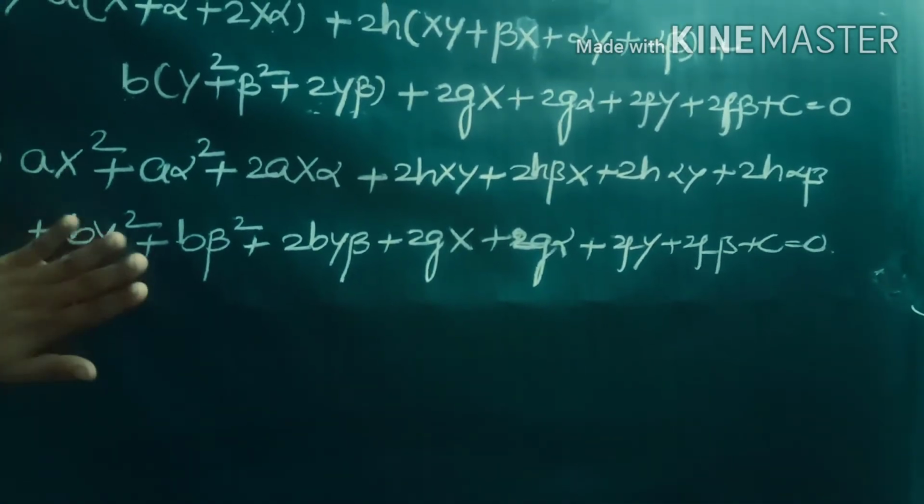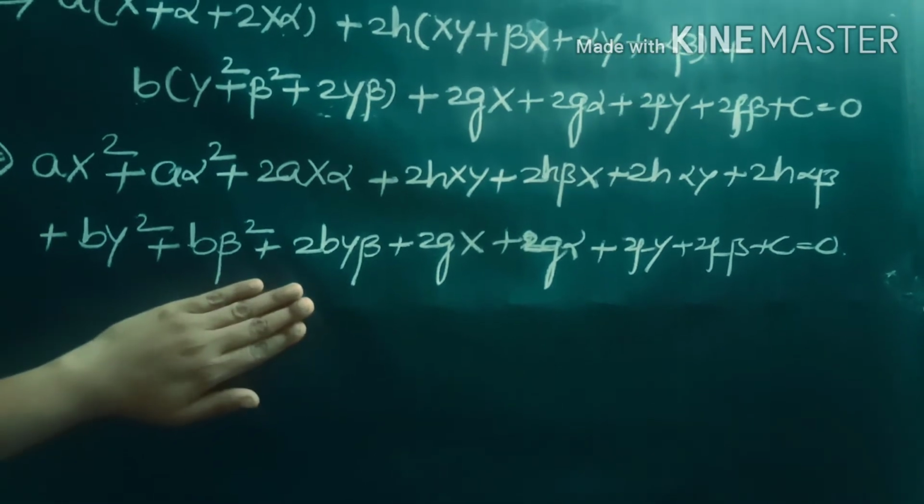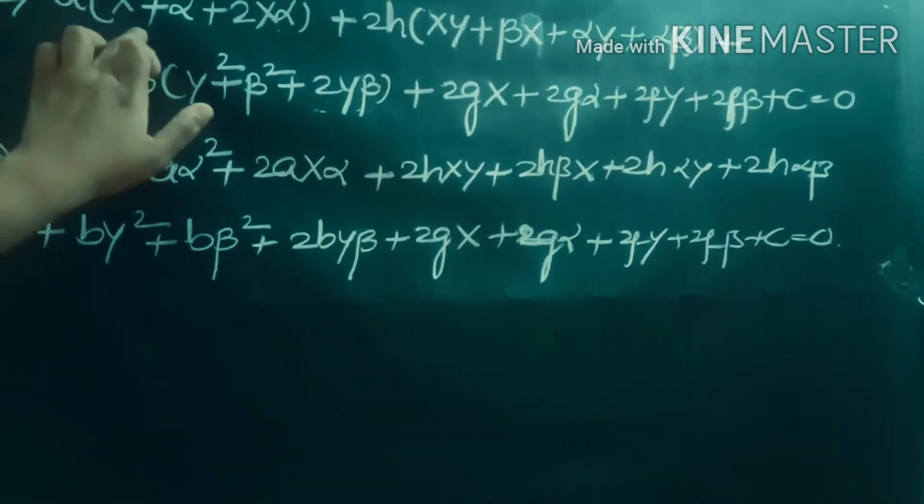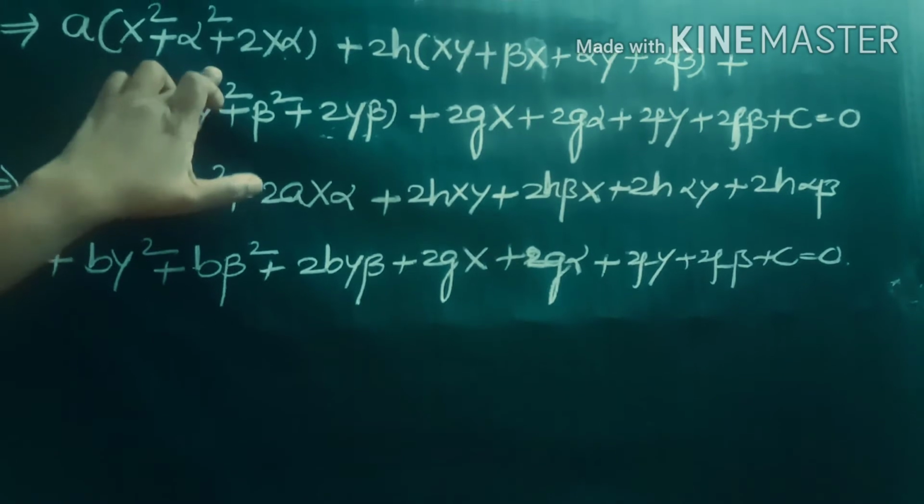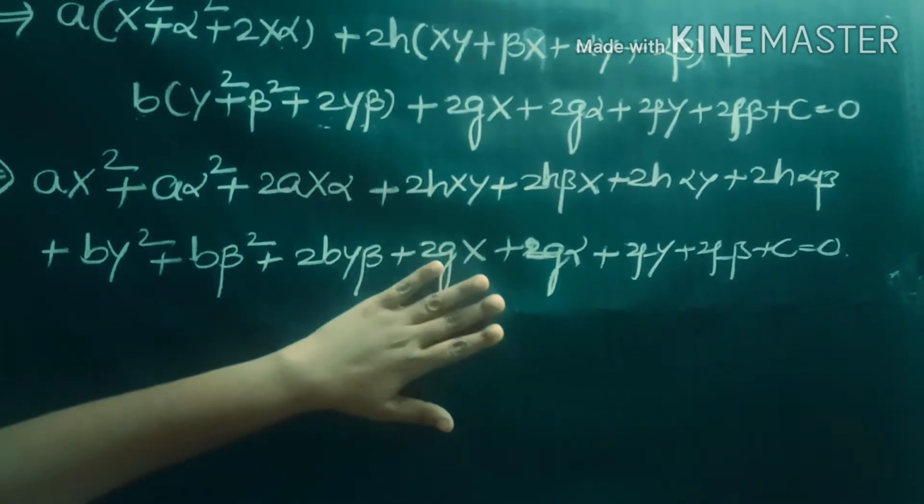Now this is the transformed equation. Transformed equation means we substitute x equal to X plus alpha and y equal to Y plus beta in the given equation.